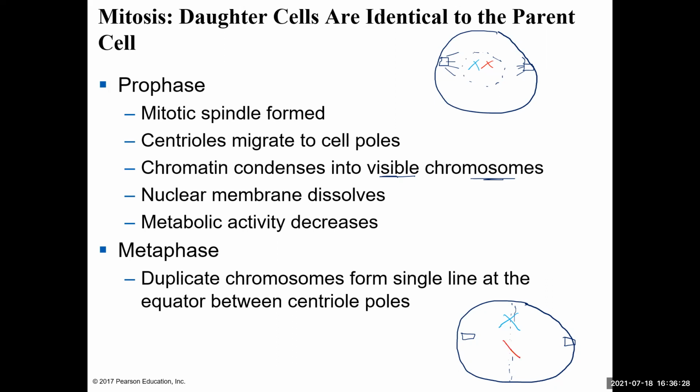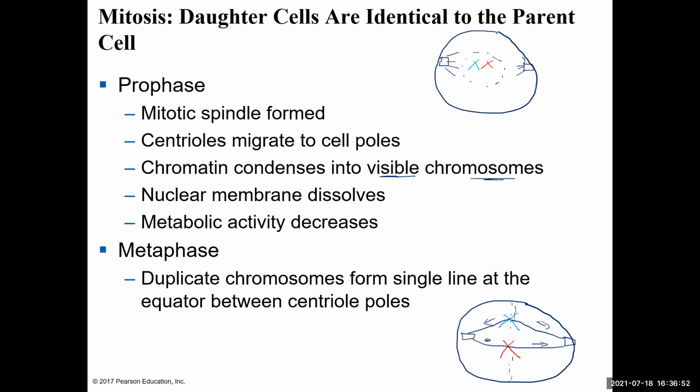Okay, so basically like this. And then what happens is those spindle fibers will grow out and attach to the centromere of those sister chromatids. And then they will start retracting backwards. Okay, like that.